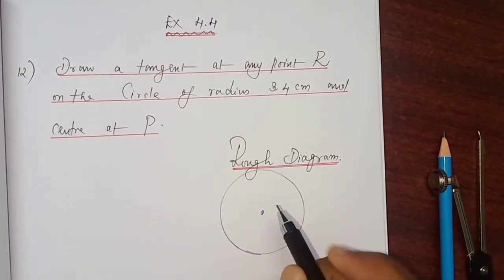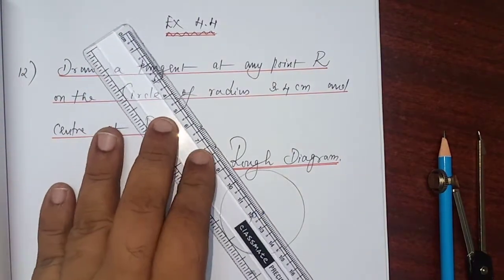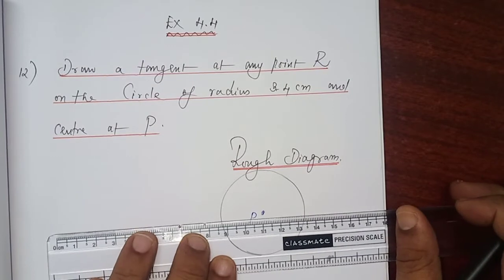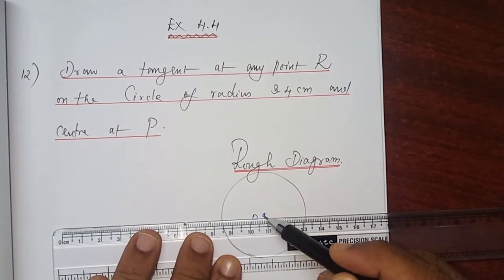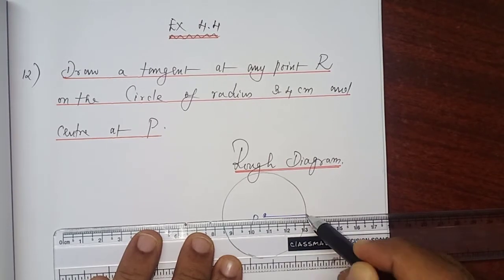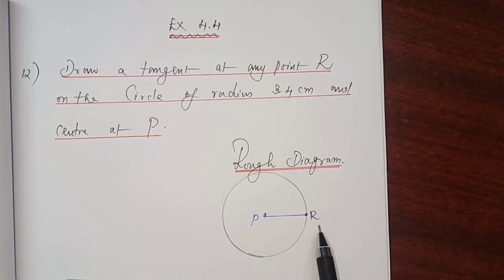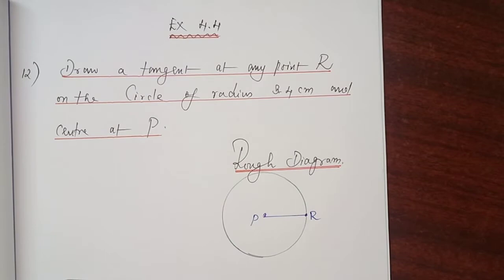Center of the circle, that is given as P. Then from that point P, draw a horizontal line, let it be R. R is a point on the circle, that is given in the question itself, any point R on the circle.